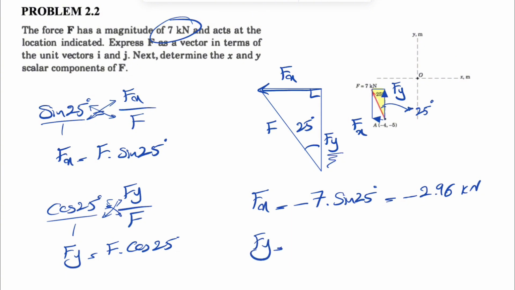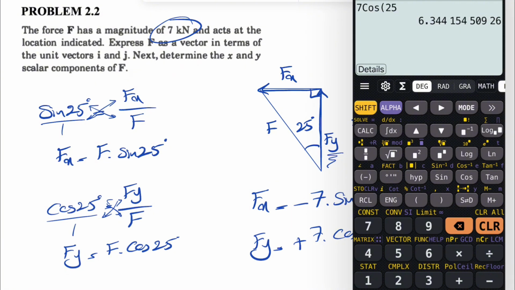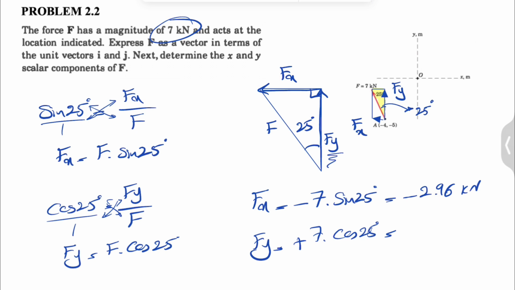And our Fy, if we look at it, we'll see that Fy is actually acting along the positive y-axis. So it's upward. We have plus 7 times cosine of 25 degrees. Let's calculate this. 7 cosine of 25, that's going to be 6.34. And these two would be our scalar components.